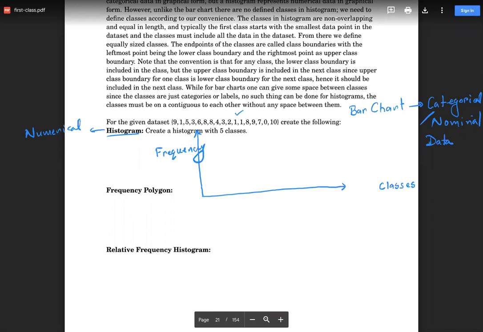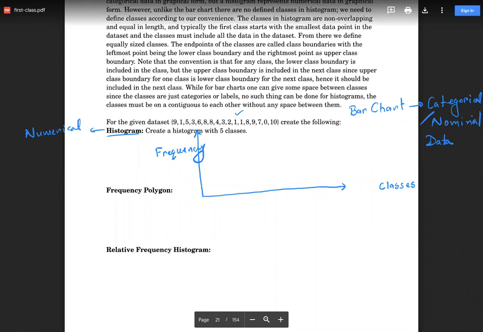So it's basically arbitrary. If you're the owner of the data set, or if you're the one manipulating the data set, you personally define how you're going to have your classes. Normally, we define the classes in such a way that all the data points are included, and it visually gives us an appealing view of the data. That's how you want to do it, right?